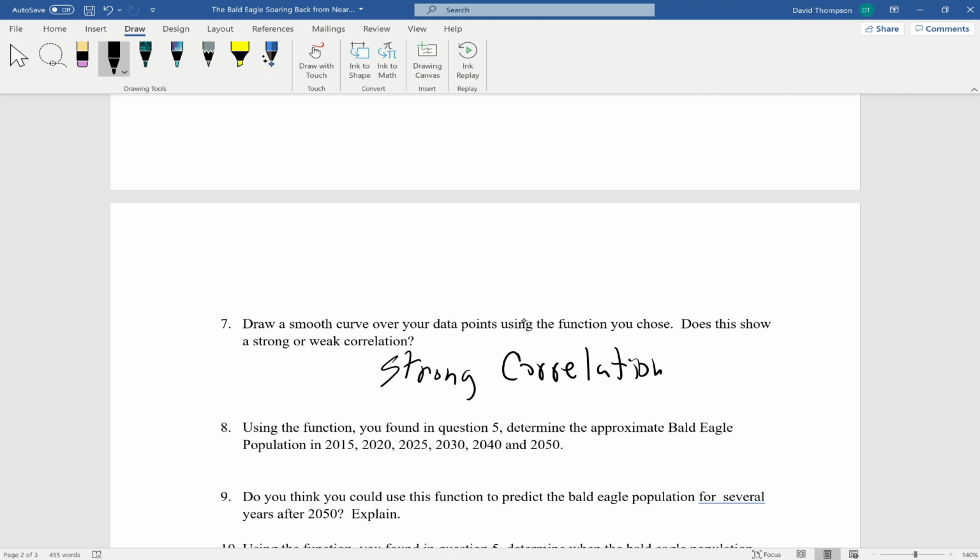Using the function you found in question 5, determine the approximate bald eagle population in 2015, 2020, 2025, 2030, 2040, and 2050.